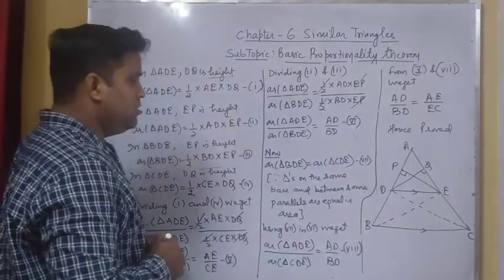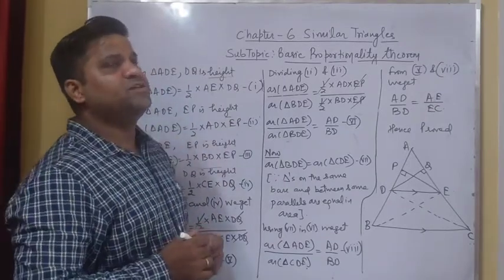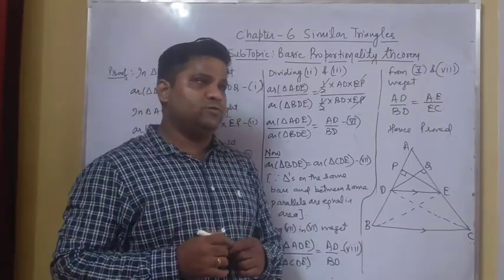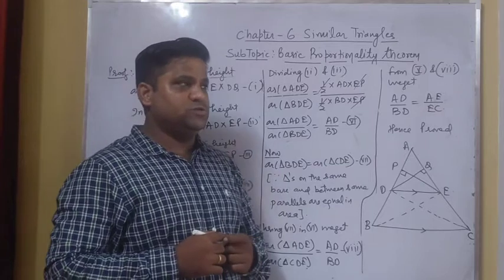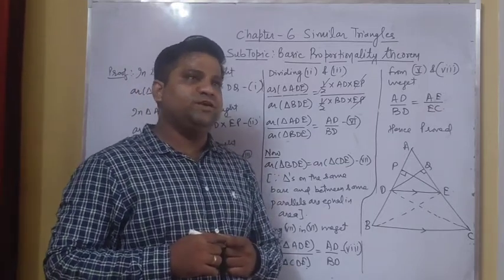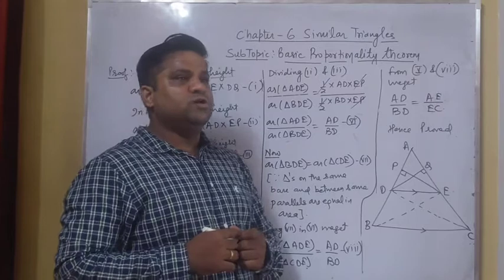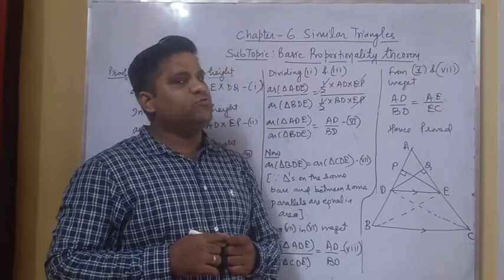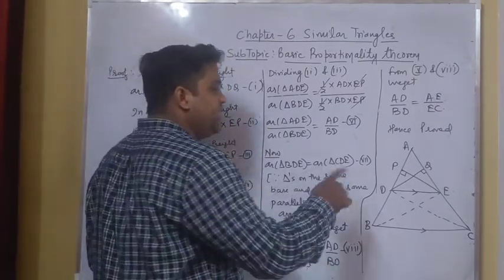Now here, as we have studied in our class 9 in the chapter on areas of quadrilaterals and parallelograms, triangles which lie on the same base and between the same parallels have equal areas. So a similar condition applies here.